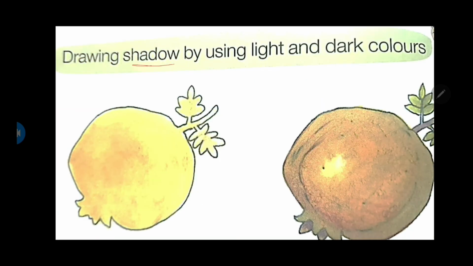Drawing shadow by using light and dark colors. We can also use light and dark colors to create shadows. And in this kind of object, we use colored pencils or paints. We know that we make lines, or we draw some lines to create this kind of shadowing, but it doesn't show much because we use colored pencils or colored stuff.